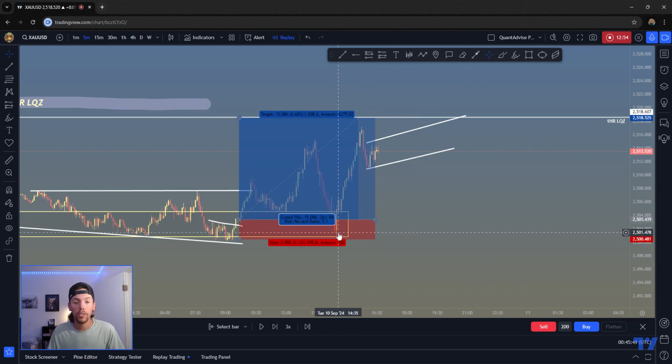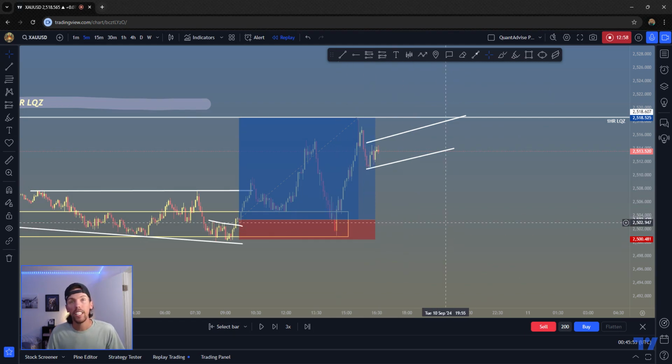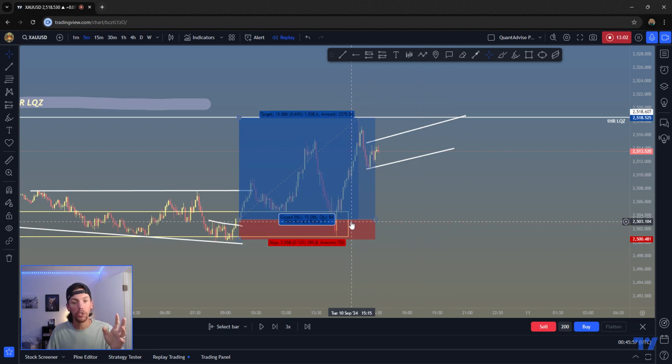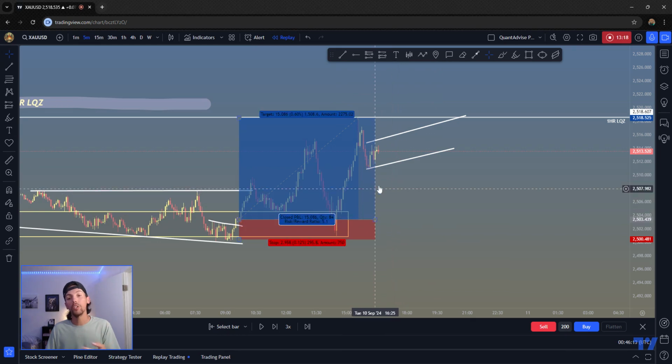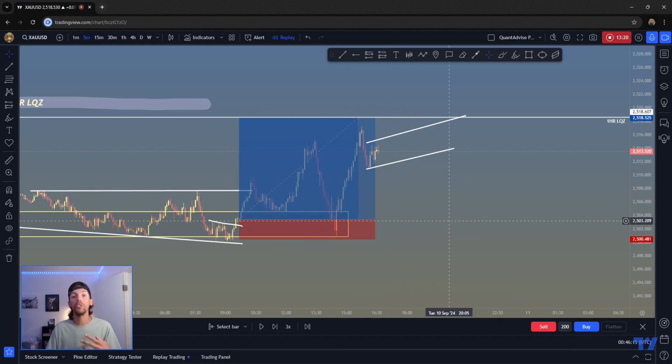So I'm only risking essentially in this scenario like $80, $90 on this trade, but I was looking for like a $300 plus dollar move. So $70 risk, a $300 profit. So it's nonsensical for me not to let this play out, because I'm looking for usually 2 to 3 moves on a good week.